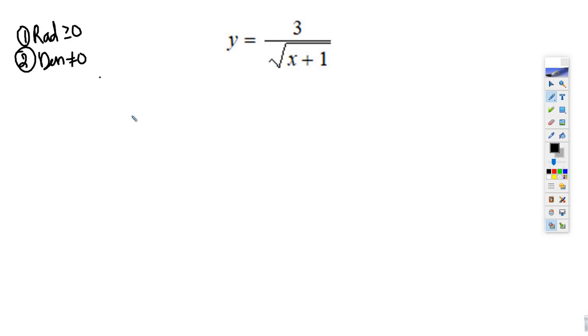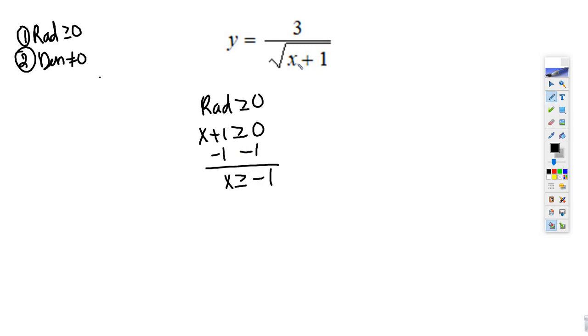So I look at this equation. Does it contain a radical? And it absolutely does. So the radicand, the value under the radical, that quantity x plus 1, has to be greater than or equal to 0. So I'm going to subtract 1, and I get x has to be greater than or equal to negative 1. Now this makes sense, because if I plug negative 1 back in, negative 1 plus 1 is 0, and the square root of 0 is 0.